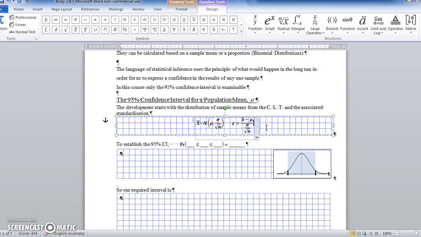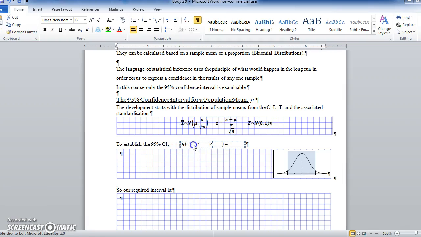Okay, so that's just our Z statistic for one particular sample mean, and just to remind you, our Z distribution is normally distributed with a mean of 0 and a standard deviation of 1. So that's just some preliminary stuff. If you don't remember that, I encourage you to go back to the particular section which dealt with that.